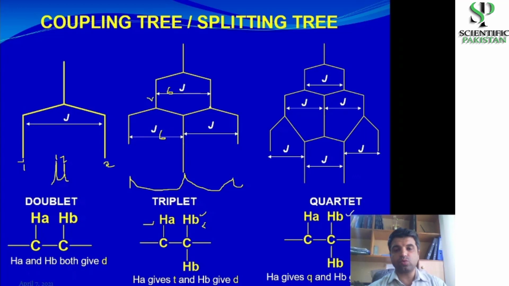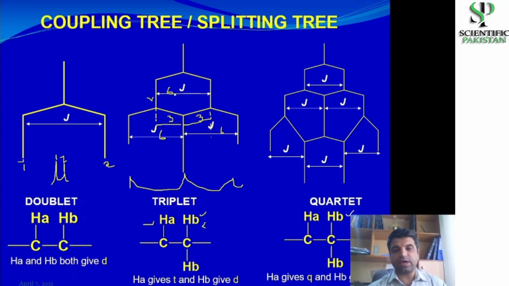Similarly, this one splits by 6 Hertz and moves 3 Hertz to the left and 3 Hertz to the right. So the distance from this line to this line is equal to 3 Hertz, and the distance from this line to this line is equal to 3 Hertz.